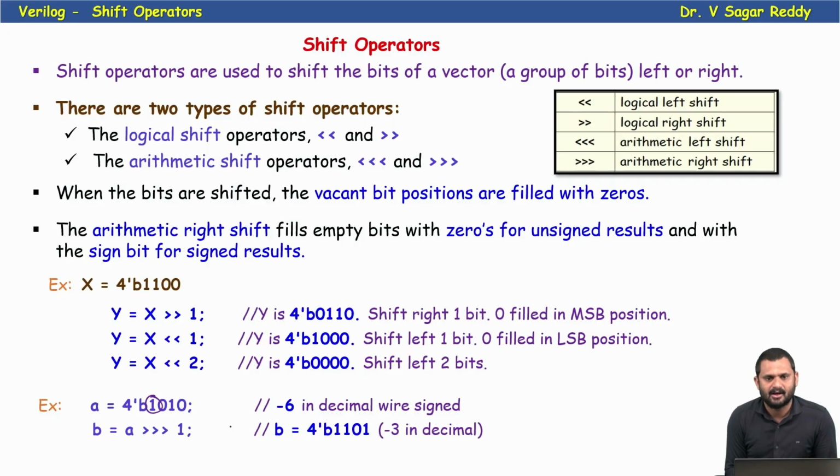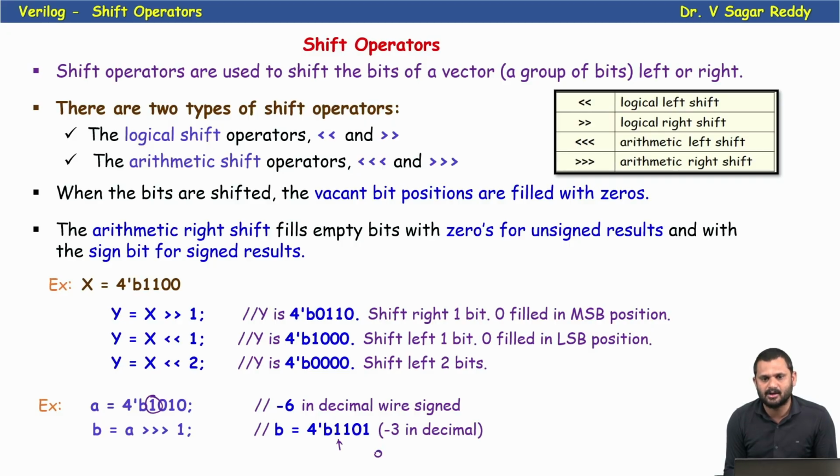So after shifting, we extend this MSB, the sign bit. After shifting right by 1 bit we get 101, neglecting this 0. The empty bit position is filled with the sign bit of this signed number. What is the sign bit here? 1. So we are extending this 1. For example, if I perform another shift, what is the answer here?